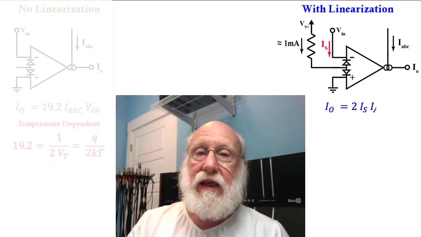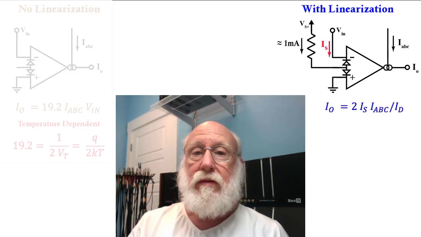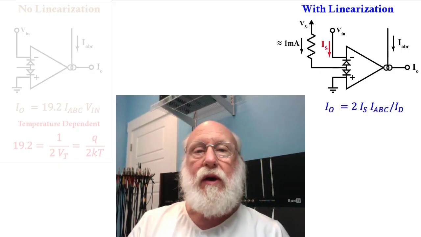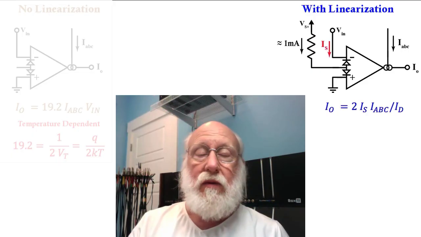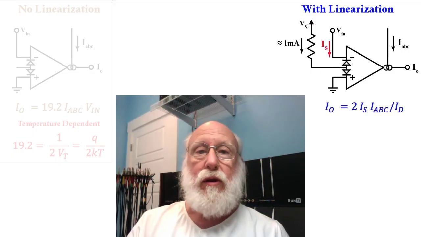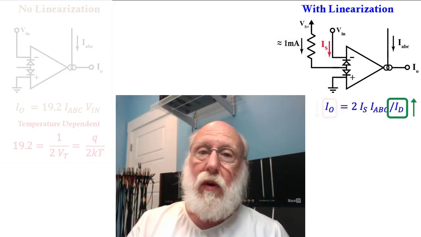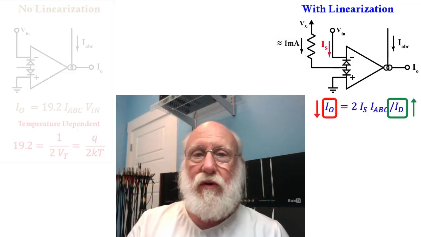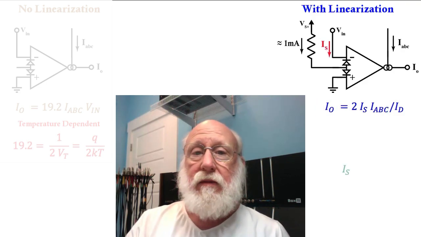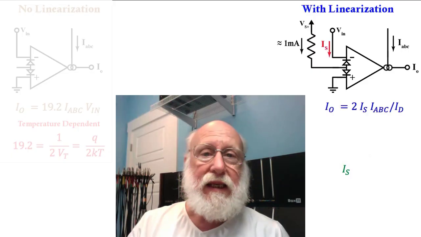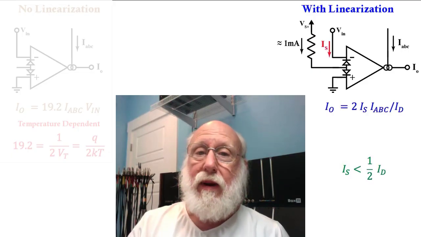Now note that for good linearization, you want to make I sub D reasonably large, say about 1 milliamp, but the larger you make that, the smaller your output current goes, so you've got a trade-off there. Do note that I sub S, the actual input current, must be less than 1/2 the diode bias current.